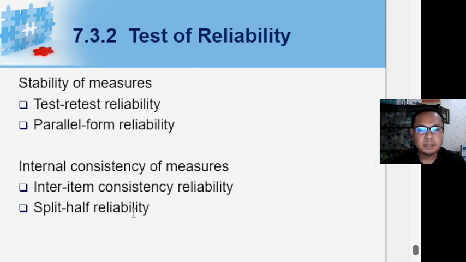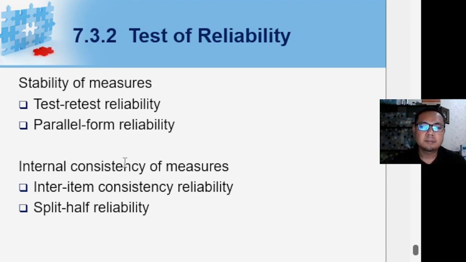That means, for example, if you ask about leadership, you ask a respondent to give a response from 1 to 5. The item that you ask the respondent, for example, you put there: I am very satisfied, or I'm very happy with my leader. From 1 to 5, from strongly disagree to strongly agree.